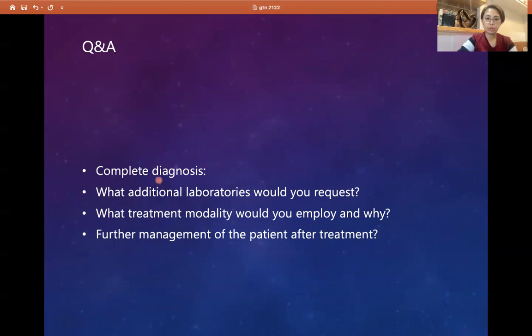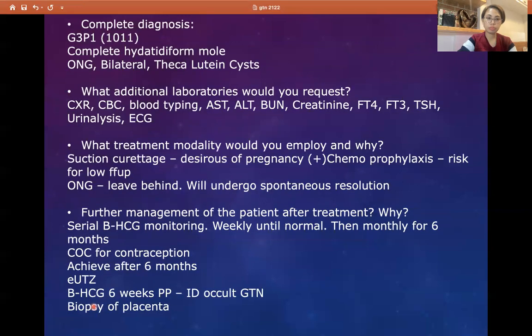You should know what laboratories you should request, treatment modality, and further management for us to be able to at least achieve the objectives we have mentioned at the start of this lecture. So for the complete diagnosis, do not forget the OB score. Since this is her 3rd pregnancy, she's a gravida 3. Only one pregnancy went beyond 20 weeks, para 11011, because of one miscarriage.